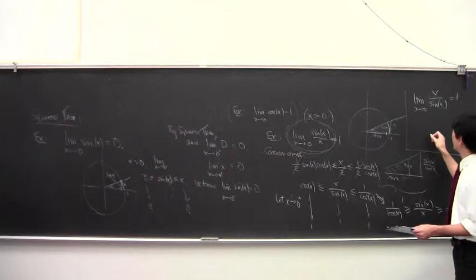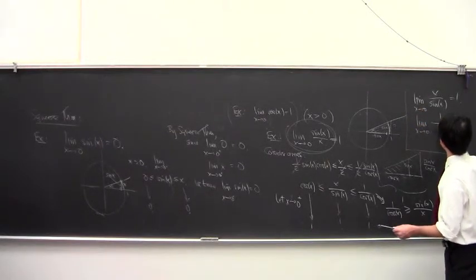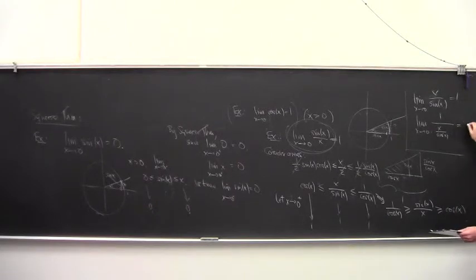Then if I ask you what's this, you'd say it's going to be 1, right? Because this thing goes to 1. But what's this? This is what I'm looking for. Cool.